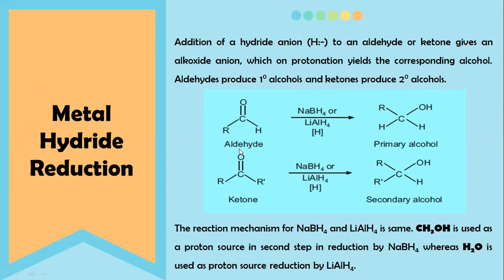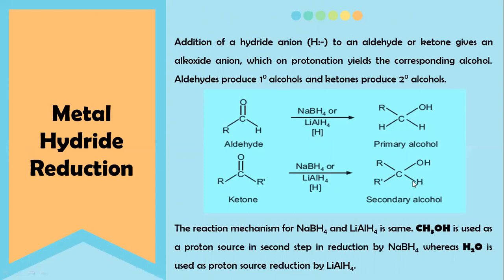In the second example, ketones by the action of sodium borohydride or lithium aluminium hydride are converted into secondary alcohol. So here the C double bond O of the ketone is converted into C single bond OH with one more hydrogen atom attached to carbon, and the ketone converts into secondary alcohol.